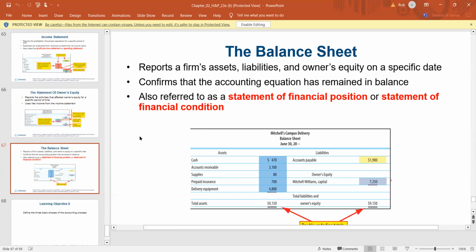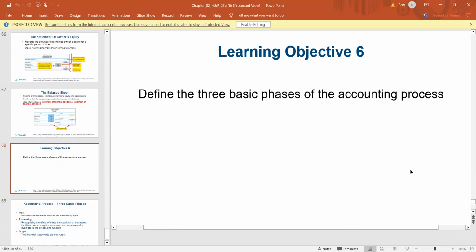Hey, that's our accounting equation. Total assets, 9,150. Total liabilities, 1,900 plus the 7,250. Add them up, 9,150. So this is a pretty good looking set of financial statements, I would say.